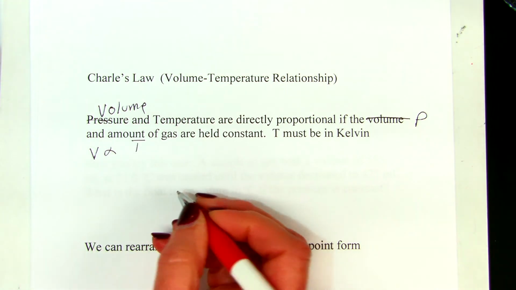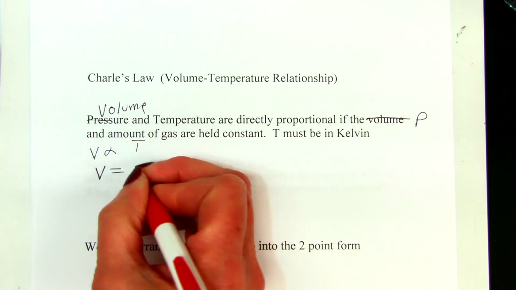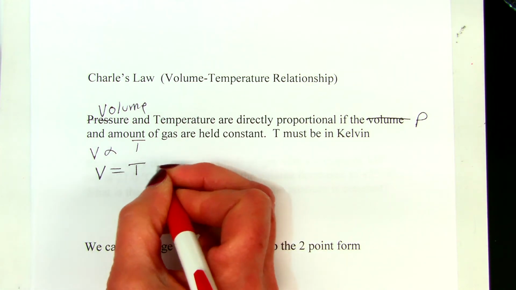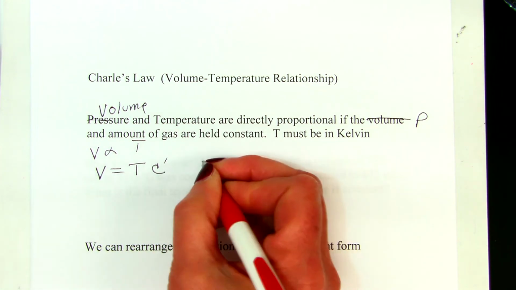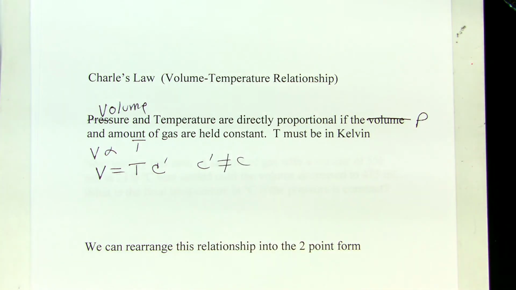So we could say in chemistry, getting rid of the proportionality, volume is equal to the temperature times some constant, C prime. We call it C prime just to let you know that it's not the same as C, the Boyle's law constant. Now the one thing we have to remember here is that the temperature has to be in Kelvin.